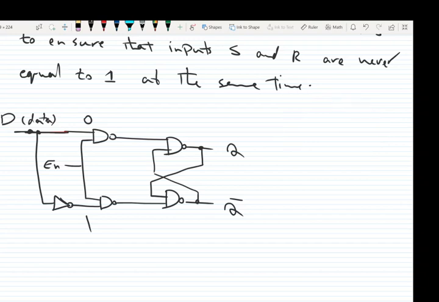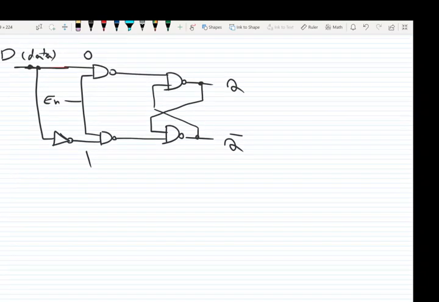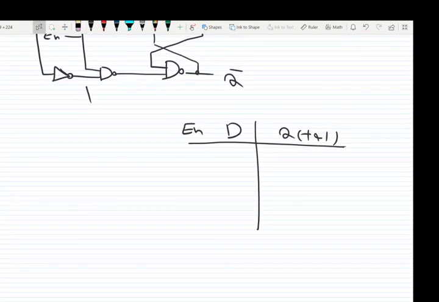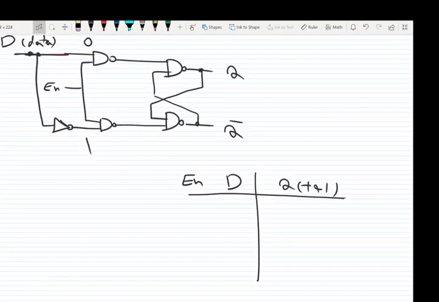So let's see the characteristic table of this circuit. We have two inputs, one is enable, the other one is D, and the output is of course Q of T plus 1. Let's look at this circuit.